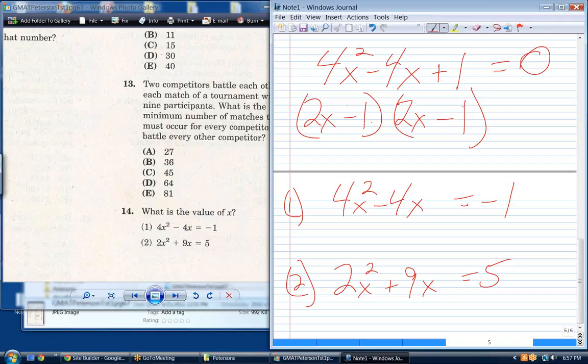In other words, these last two numbers have to multiply together. Those two middle terms equal minus 2x. These two middles are another minus 2x, minus 4x. Yeah. So, can we determine the value of x?